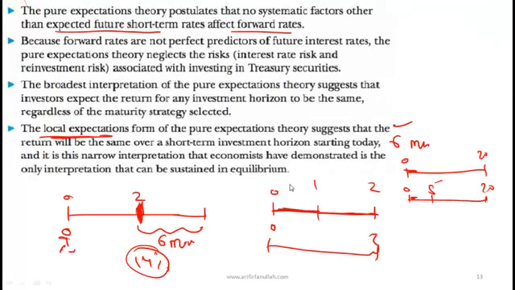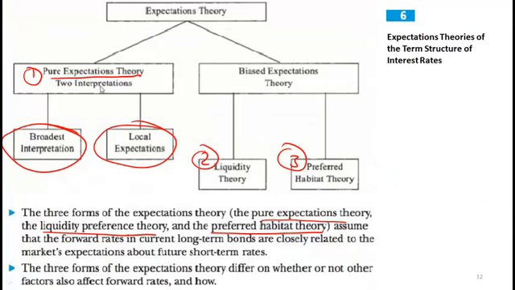So now if you come back and look at this picture, just as a quick summary, you've understood the base case, which is the pure expectations theory, which simply looks at expectations about interest rates in the future. It has the broadest possible base interpretation, that whether you invest in a 20-year bond or you invest in a 1-year bond over and over for 20 years, expected return is the same.